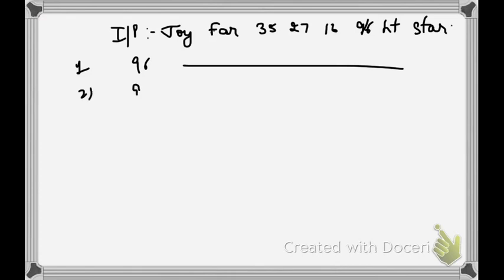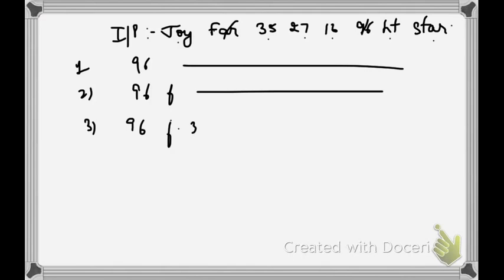In the second step, after 96 comes far, so I write F for far and cut it here. Now you have joy 35, 27, 16, height and star remaining. 96 and F are already arranged, the remaining sequence is predicted by this line, so no need to write it. After 96 F, what is arranged is 35, so I cut 35 here and write the remaining sequence.